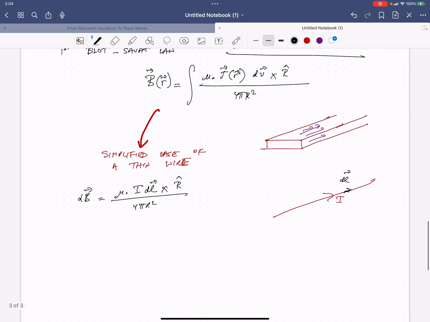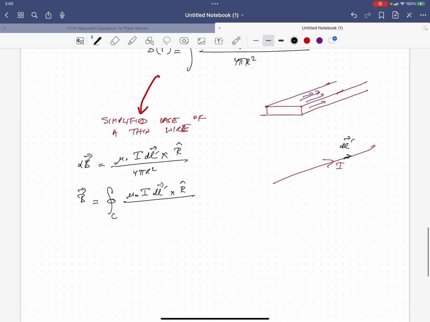Then if I integrate this, B is the integral over a closed loop of mu naught I dl prime cross r over 4 pi r squared.